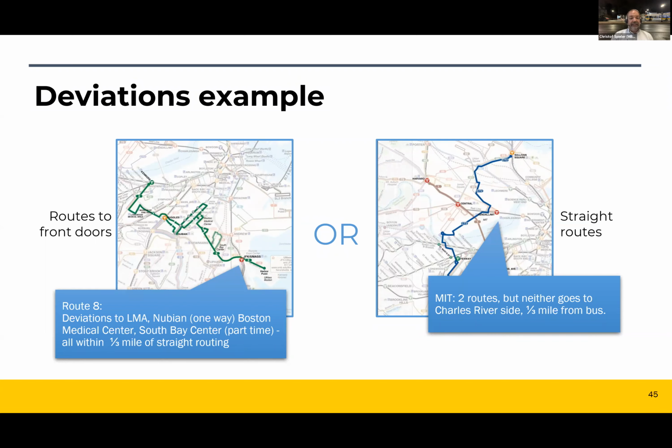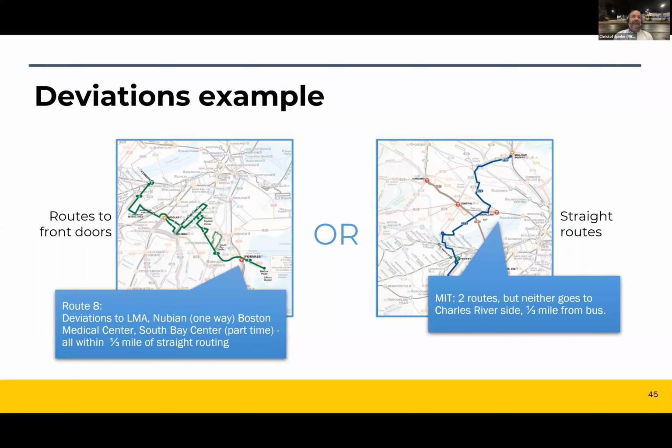But in every case, that route is going out of the way and going slower so that the people going to those destinations get that kind of convenient drop-off. On other parts of the network, we don't see that. MIT, for example, has 2 bus routes going by it, but neither of those goes to the Charles River side, which is 1/3 of a mile away from the nearest bus route. So the system doesn't have a deviation designed in to serve people who are going there.